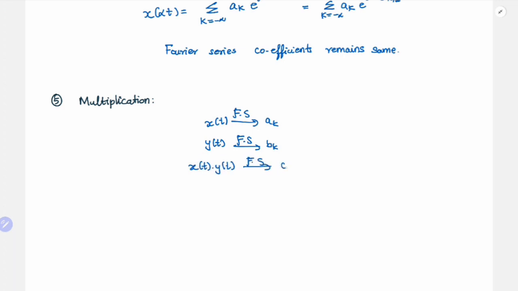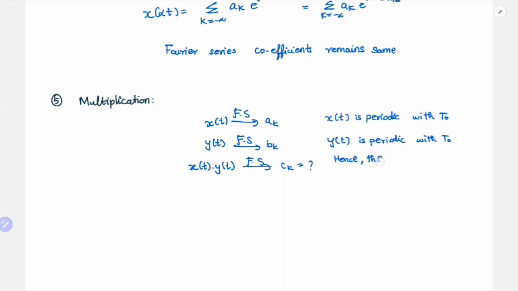What are its Fourier series coefficients? Again, one thing to note here is x of t is periodic with period t naught, and y of t is also periodic with period t naught.